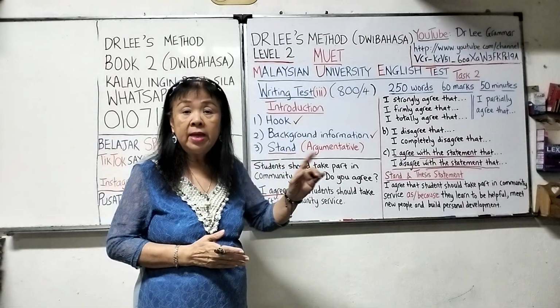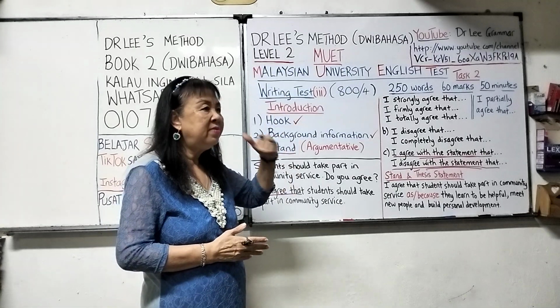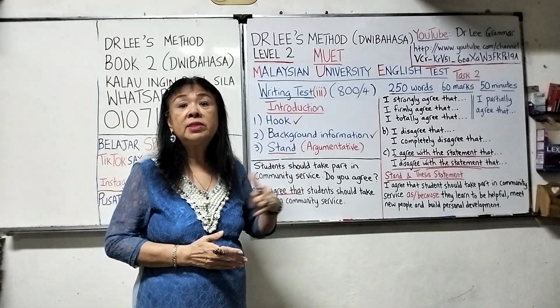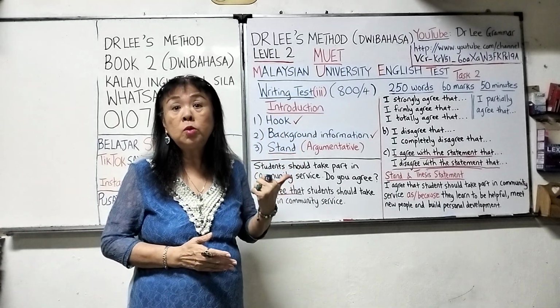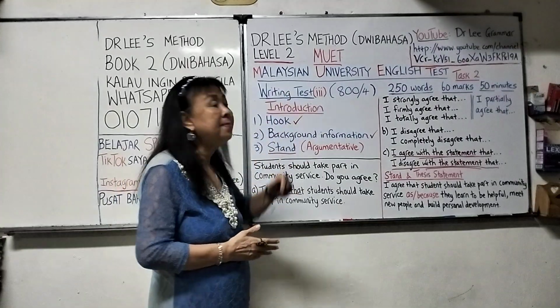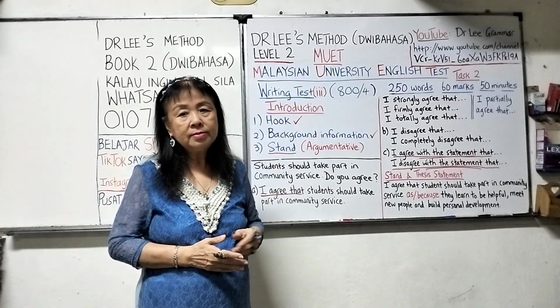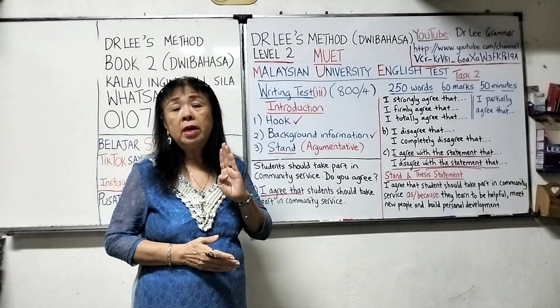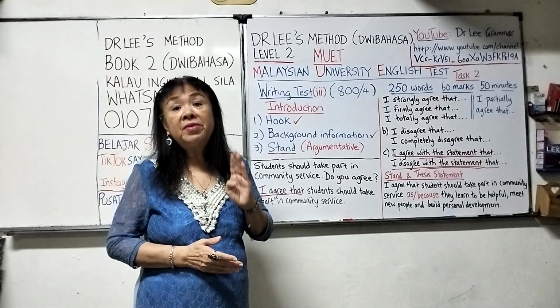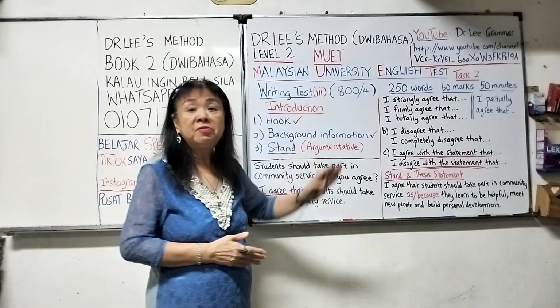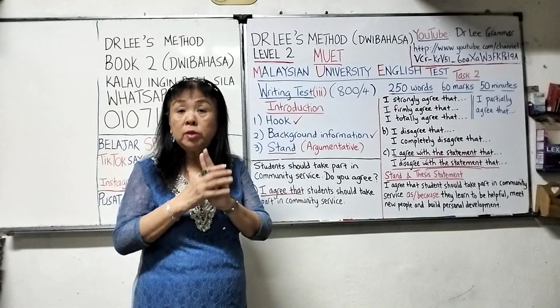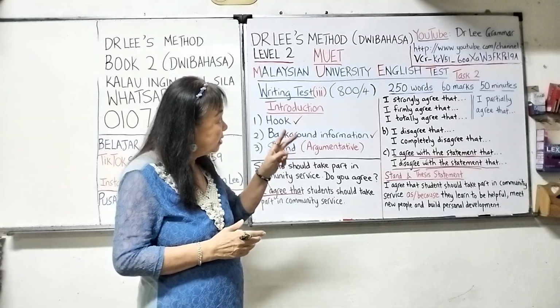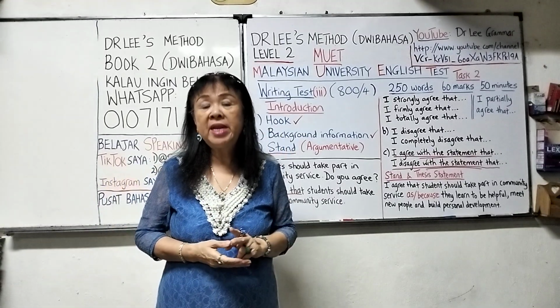Before this video, maybe 2 or 3 videos before this, I was teaching you how to answer this writing paper task 1. Now you know that MUET writing, which is paper 800/4, you have to write 2 essays in 75 minutes.